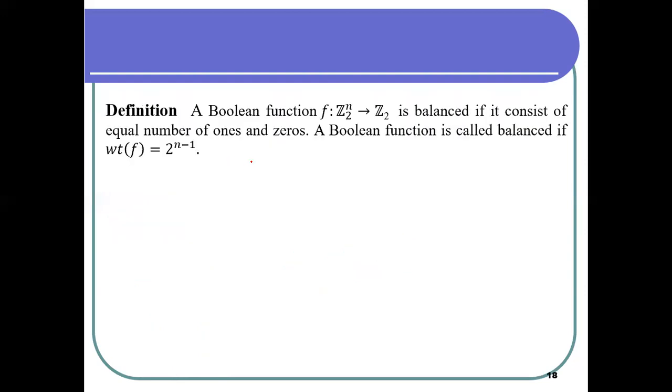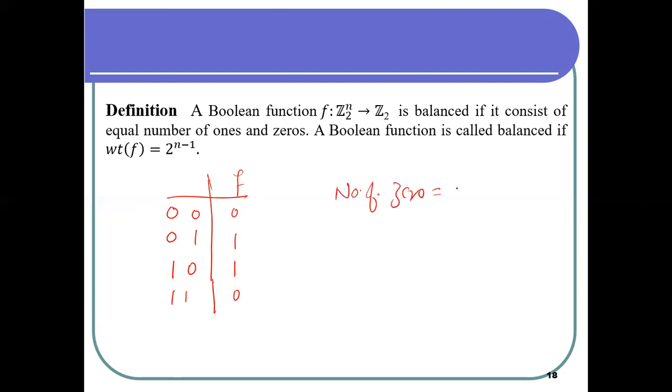A Boolean function is said to be balanced if the number of 1s and 0s are equal. If I have a single valued Boolean function that takes two inputs, with outputs 0, 1, 1, 0, then the number of zeros is 2 and the number of ones is again 2.